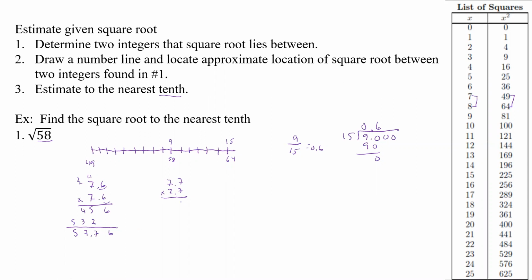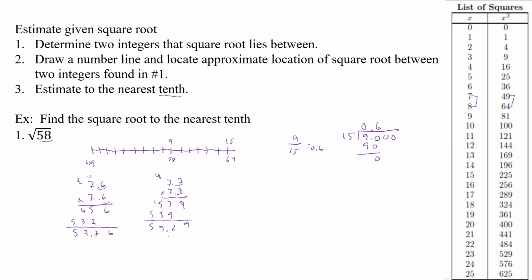So 7 times 7 is 49. Oops, 9. Okay. So then I have 49, 53. And that's going to be the same thing, 9, 3, 5. So it's a 9. That's going to be a 12. That's going to be a 9. That's going to be a 5. And then 1, 2 decimal places.